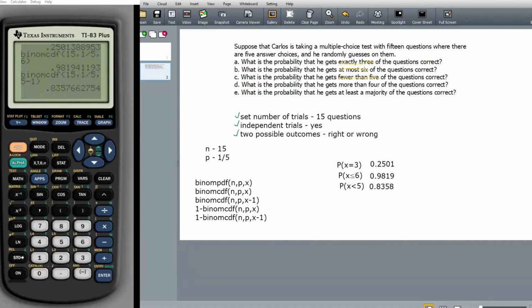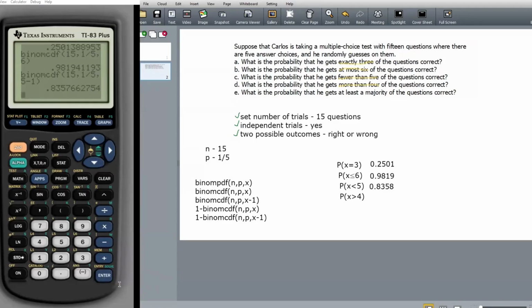For part D, it asks, what is the probability that he gets more than 4 of the questions correct? This question is greater than, so I'm calculating the probability that x is greater than 4, which means that I need to do the complement of my probability.